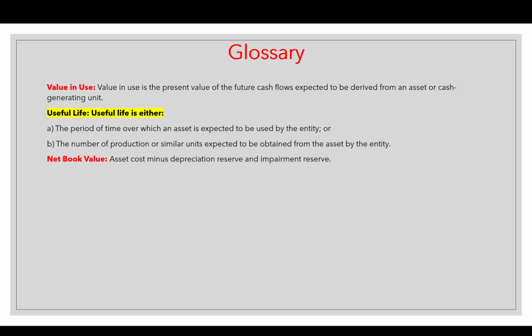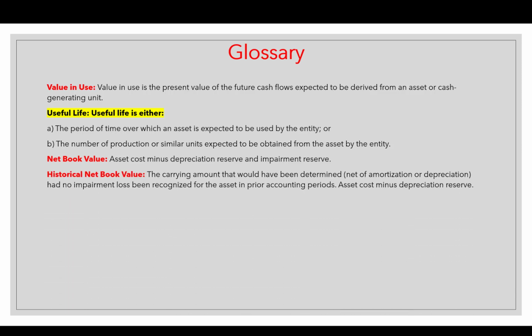Net book value, NBV, is the asset's cost minus the depreciation reserve, as accumulated depreciation, and the impairment reserve. Historical net book value is the carrying amount that would have been determined, net of amortization or depreciation, had no impairment loss been recognized for the asset in prior accounting periods.